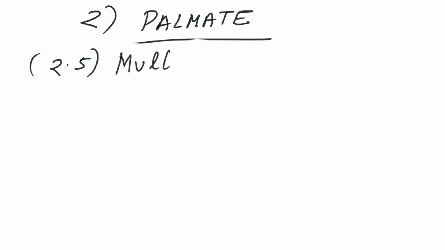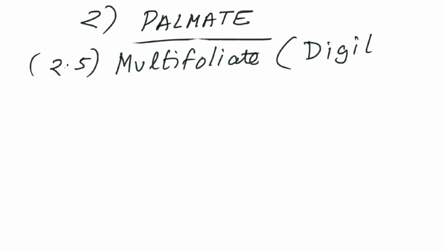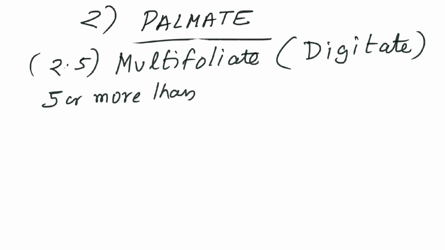Going on to the last subdivision under palmate compound leaves, multifoliate. Multi, of course, denotes 5 or more than 5. So once again, we are referring to leaflets: 5 or more than 5 leaflets at the tip of a common petiole.